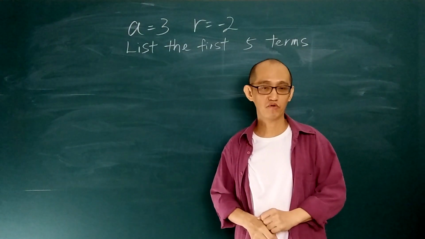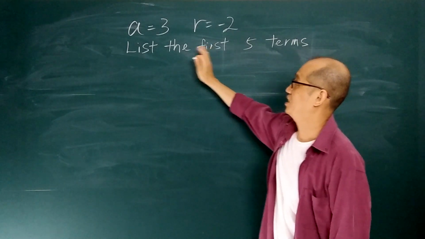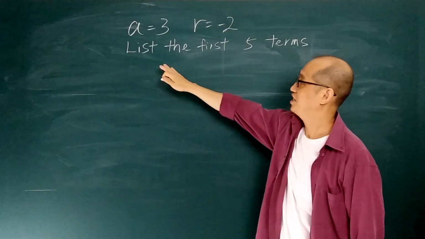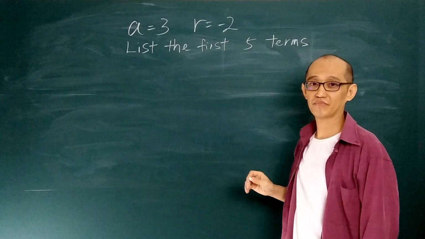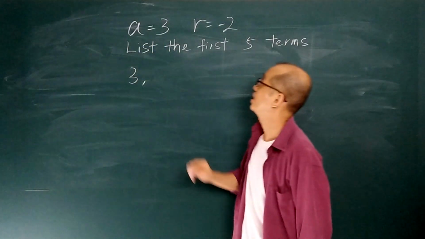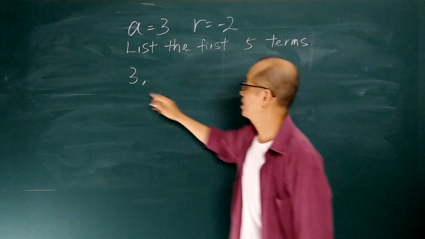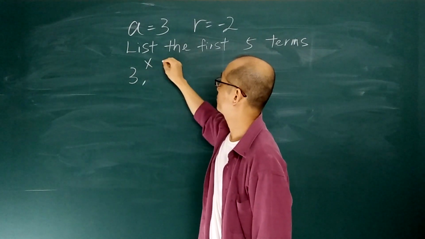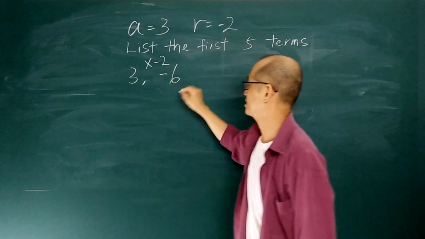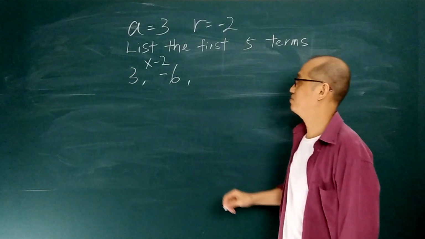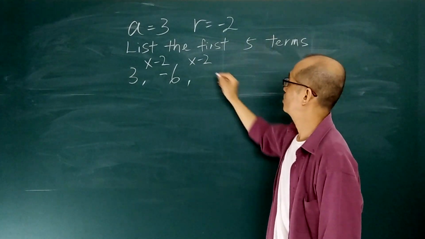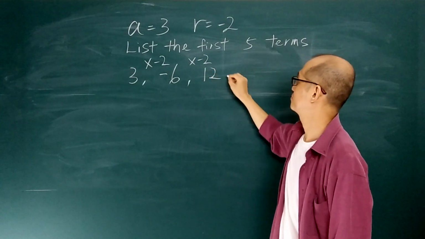Let's look at one more geometric progression. Here, the first term is 3, common ratio is -2. List the first 5 terms. The first term is 3. The second term would be the first term 3 times -2, and we get -6. The third term is going to be -6 times -2, which is 12.